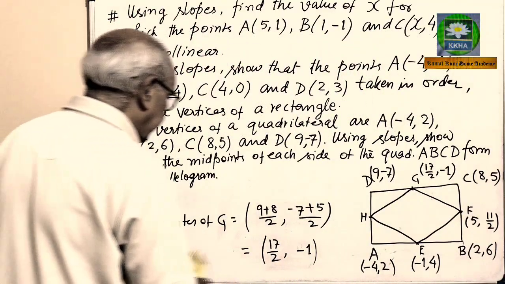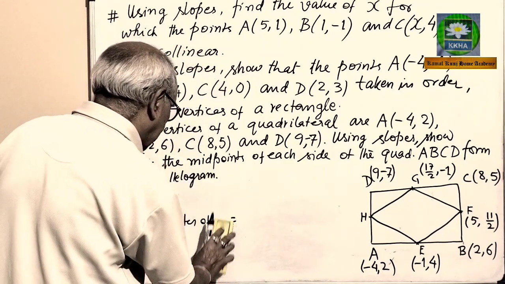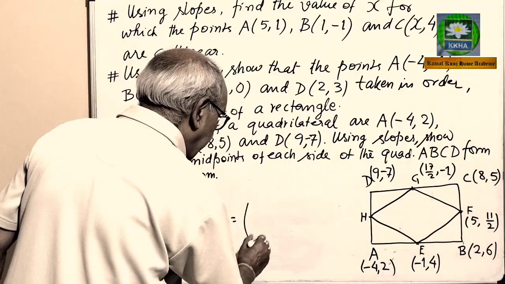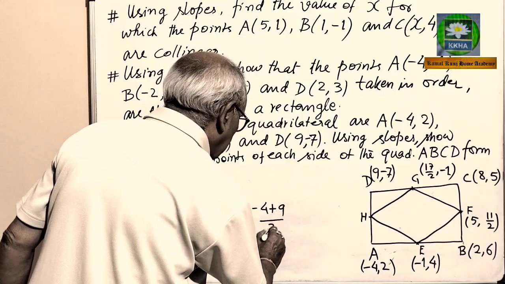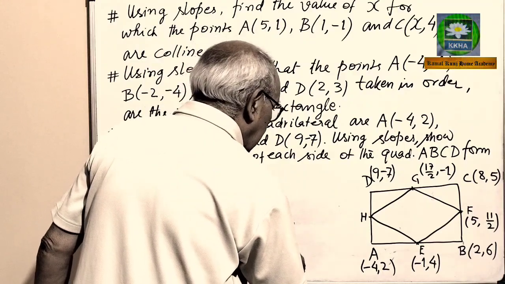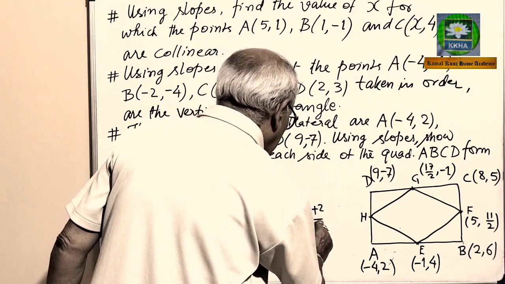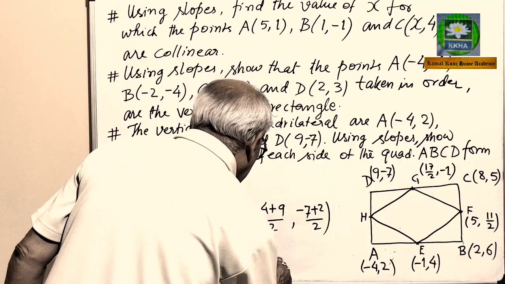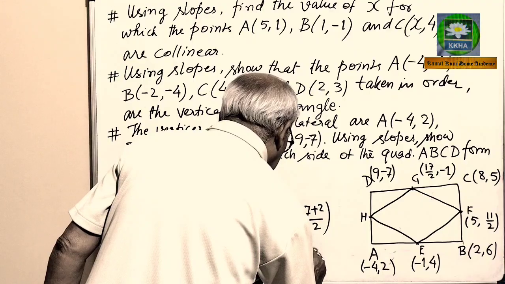Similarly, coordinates of H, the midpoint of AD, will be -4 plus 9 by 2 and -7 plus 2 by 2, equal to 5/2 and -5/2.